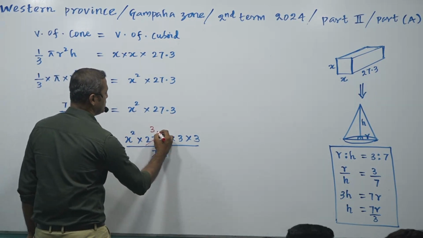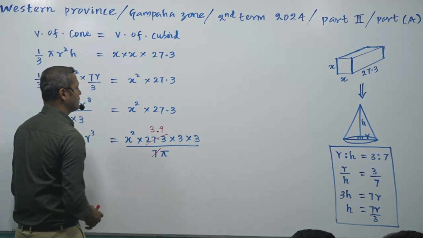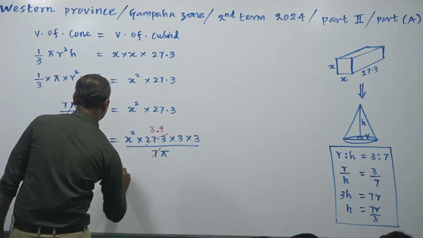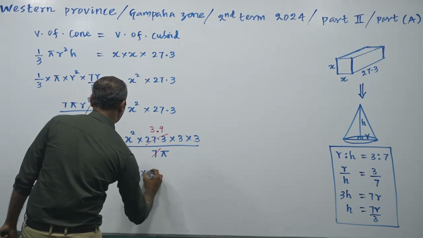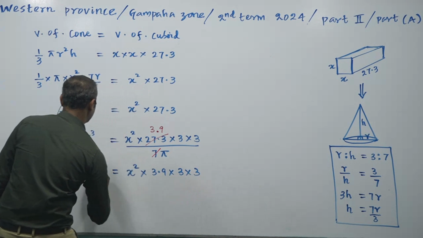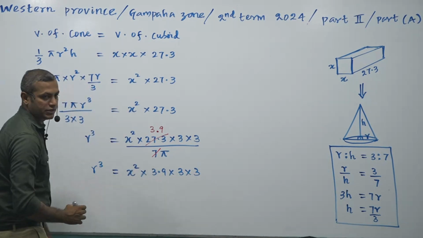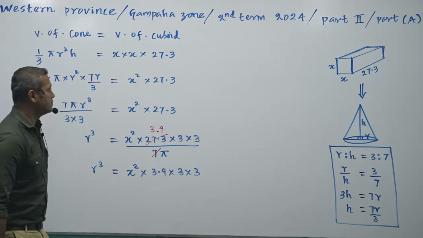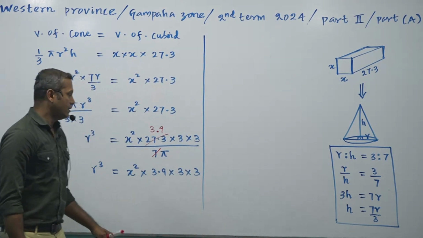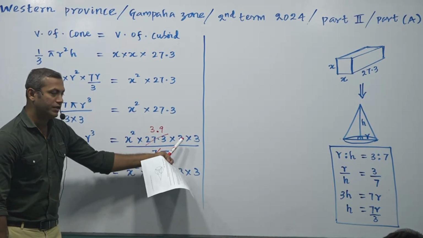In 63, how many times? 9 times. Okay. Then x squared into 3.9 into 3 into 3. This is r cube. Yes or no? X squared into 3.9 into 3 into 3.